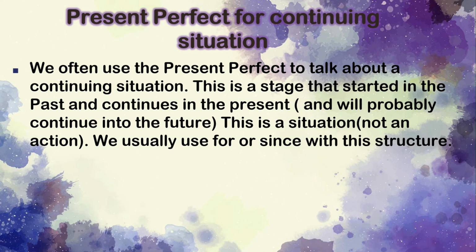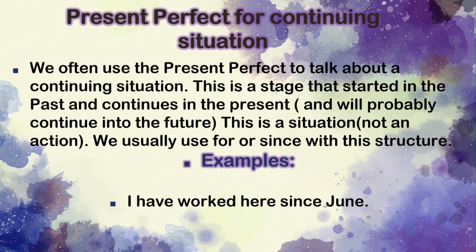We usually use for or since with this structure, right? So that is the action that started in the past and continues in the present. So examples. I have worked here since June. If you notice here, we are using the word since, right, with this type of present perfect sentences.